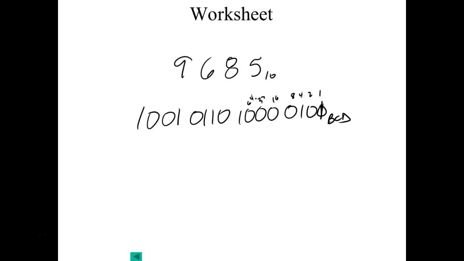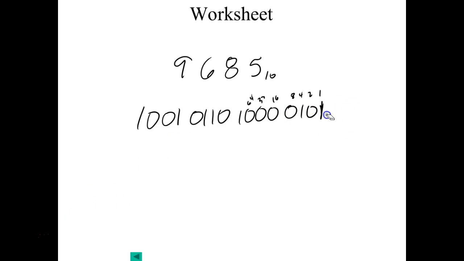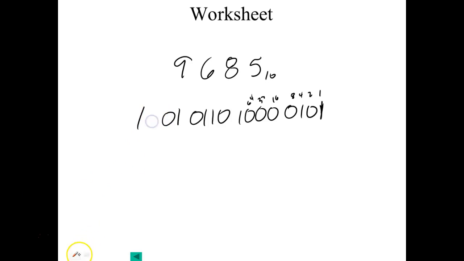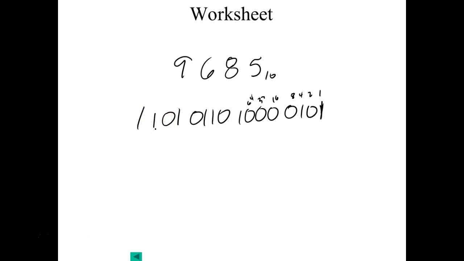BCD is a code. If I take that out right there and put a 1, that cannot be a BCD number, because in BCD the codes go from 0 to 9.